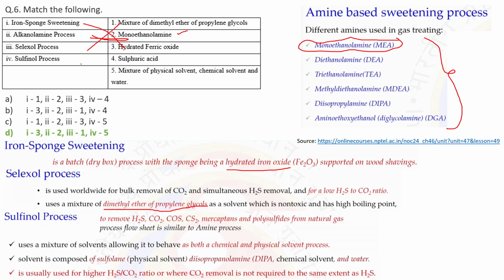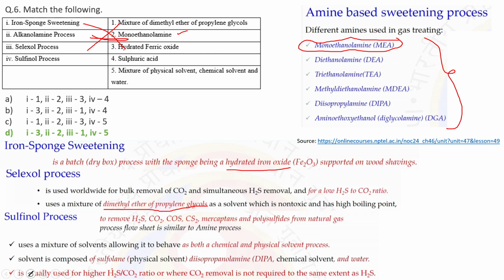Finally, it is the sulfinol process. It is used to remove H2S, CO2, COS, CS2, mercaptans and polysulfides from natural gas process flow sheet, and is similar to the amine process. It uses a mixture of solvents, allowing it to behave as both a chemical and physical solvent process. The solvent is composed of sulfolane, the physical solvent, diisopropanolamine as the chemical solvent, and water.